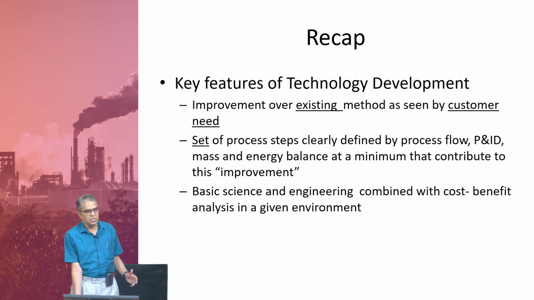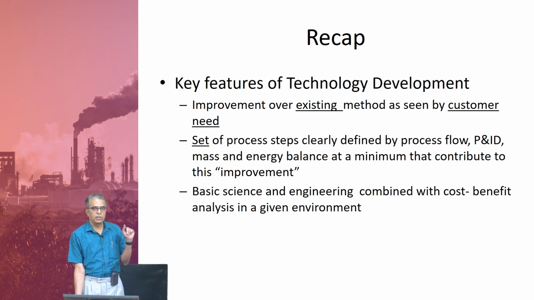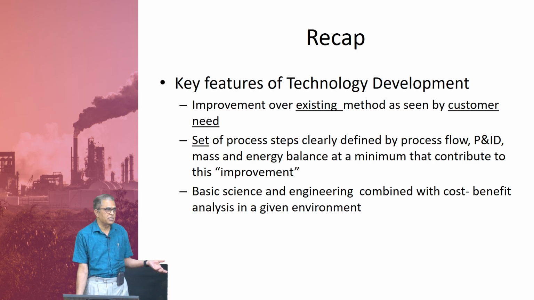Second, this is a set of processes, it is not one unique thing. A technology is not just one unique thing; you will find it is an interconnecting of a lot of ideas all woven together. So, it is a sequence of steps, seen in terms of a flow diagram, P and I, mass balance essentially. So, that we know by doing this in this particular way, as compared to something else which existed in the past, what is the specific improvement that is happening and why is it happening.